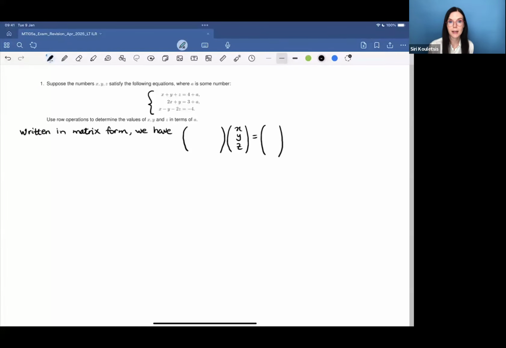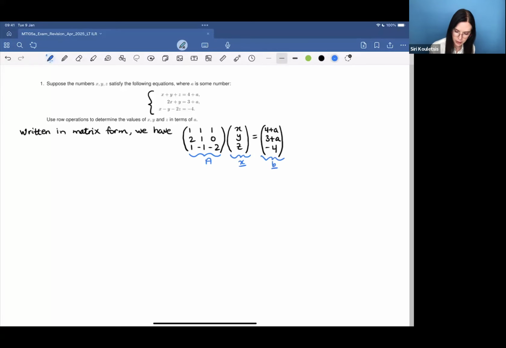And then we have the right-hand side. And so what goes into the coefficient matrix is simply the coefficients of x, y, and z. And the right-hand side is as follows.